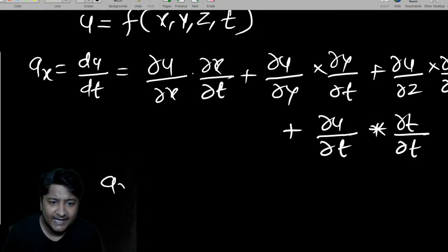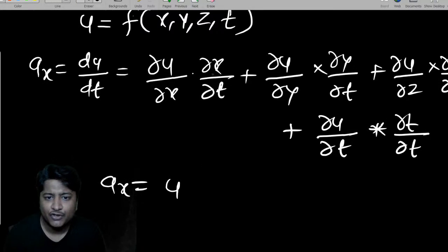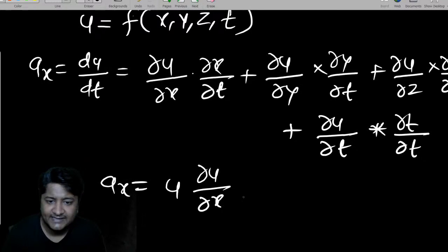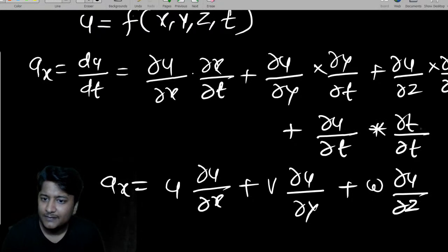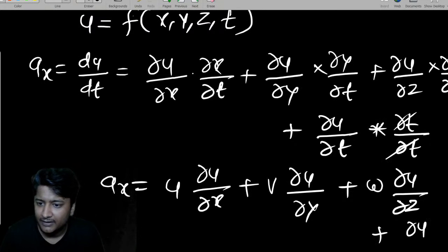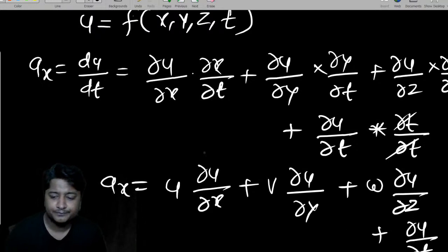So if I write ax here, dx upon dt I can write as u, so u del u upon del x. dy upon dt I can write as v, so v del u upon del y. dz upon dt I can write as omega, so omega del u upon del z. Now the dt and dt part cancel, so you are left with only del u upon del t.